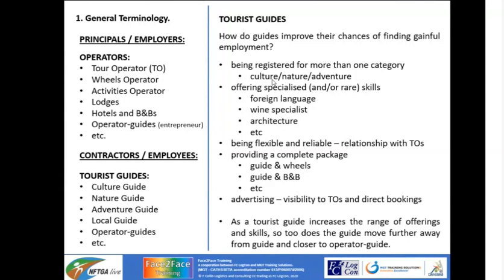So those are all different things that can help you get work. And obviously advertising. You need to be visible to the tour operators, and you need to be visible to get direct bookings. So as your range of offerings and skills increases, so too do you get more work, and so too do you move away further from being a guide and closer to being an entrepreneur or an operator guide.